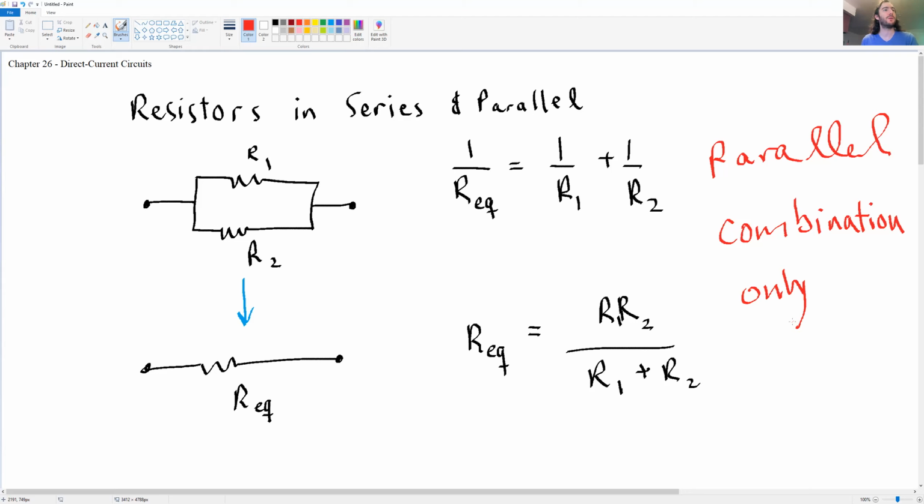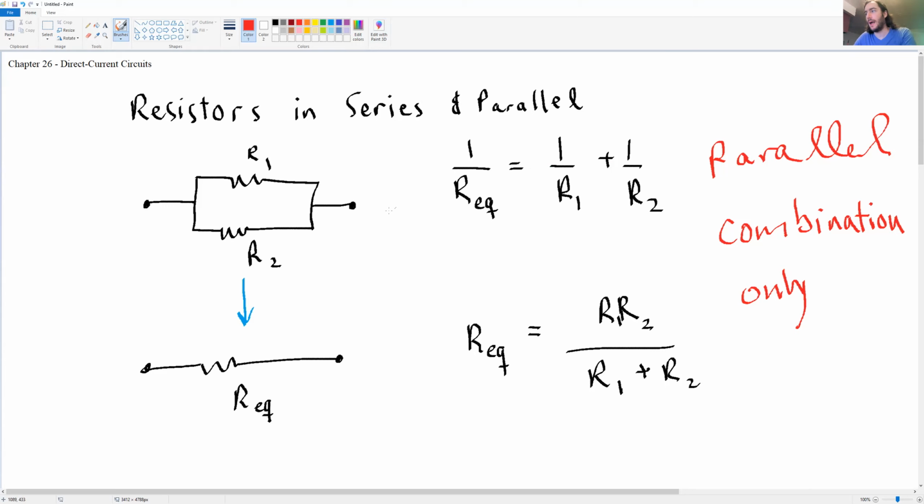So you can always replace two resistors with one resistor using the product over sum formula. And then since you go from 3 to 2, you have 2 again, so you can do product over sum again. That's usually faster than summing reciprocals, because in the calculator, when you get your final answer, you have to reciprocate your final answer. Okay? So that is parallel combination.